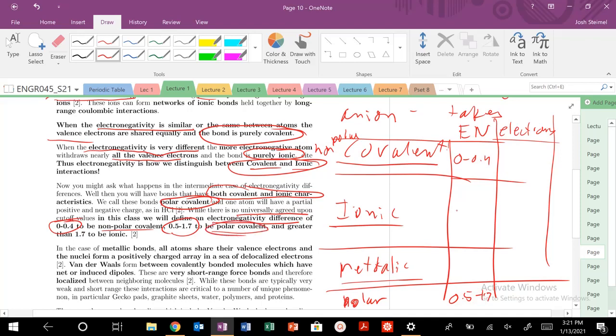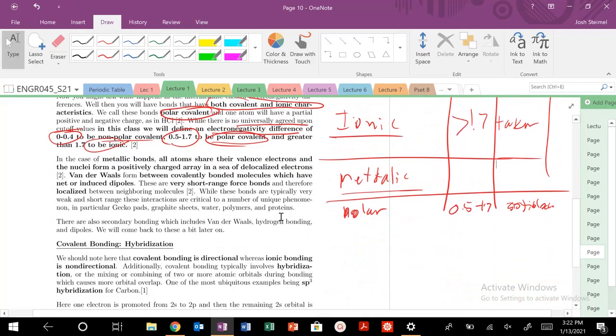And then greater than 1.7, that is going to be ionic. So here, again, electrons are shared. Here, they are taken away. And this is in between, like our Goldilocks. So there's some directionality to covalent interactions as opposed to some of these other interactions that we're going to deal with.